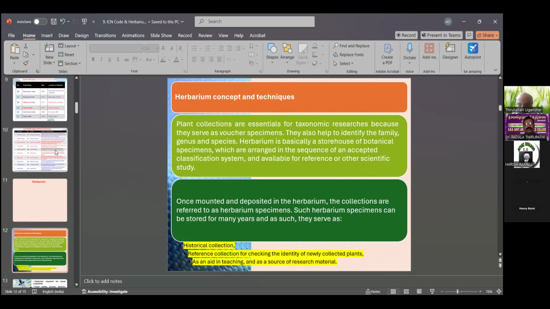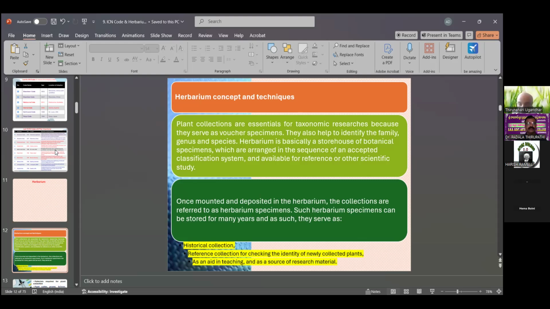That is the first point. Second, they are a reference collection for checking the identity of newly collected plants. Both old collected plants and newly collected plants are stored in the herbarium. Its importance is as an aid to teaching and as a source of research material.